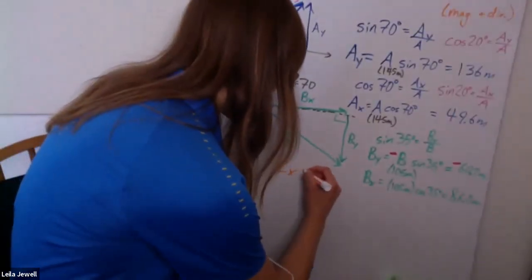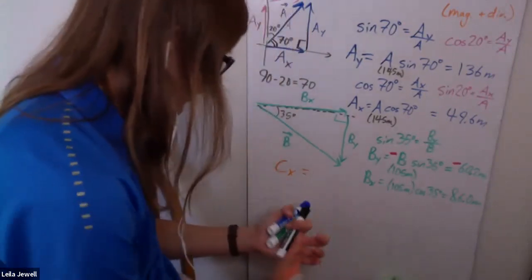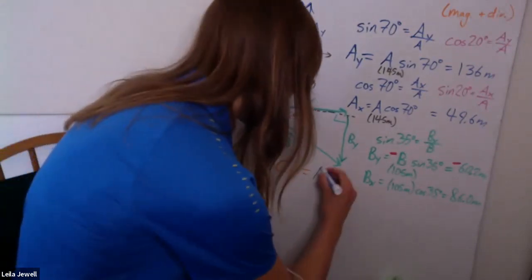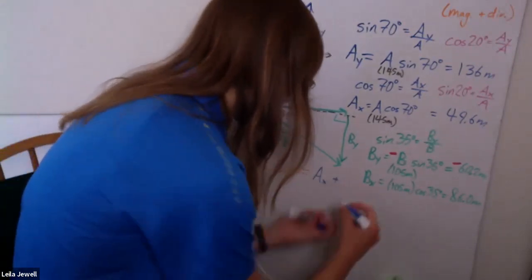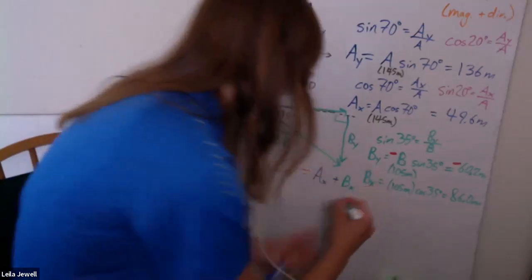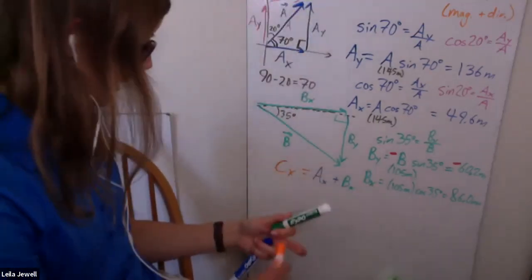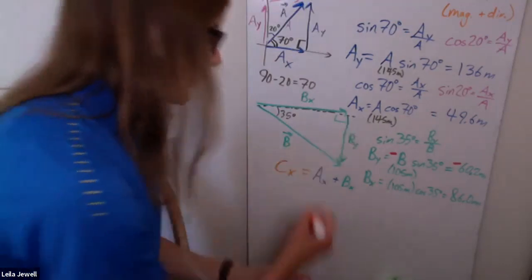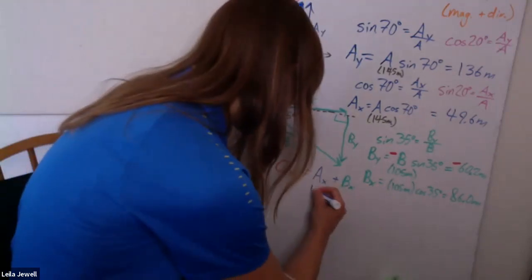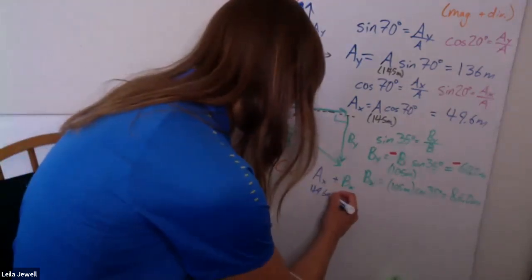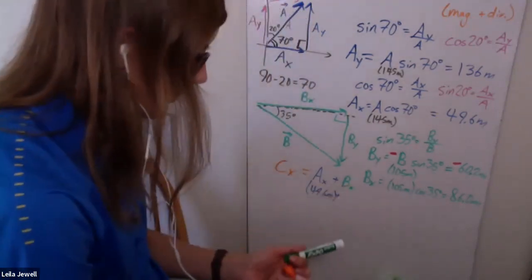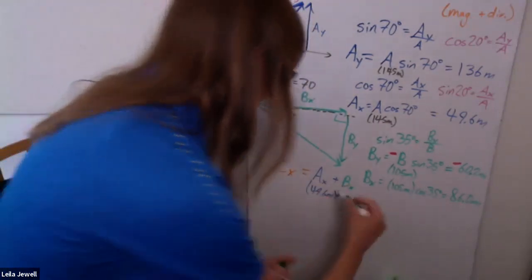So C sub x is equal to my A sub x plus my B sub x. Right? So we could fill in the numbers here that A sub x is 49.6 meters, plus B sub x is 86 meters.